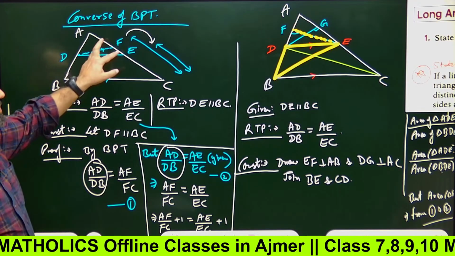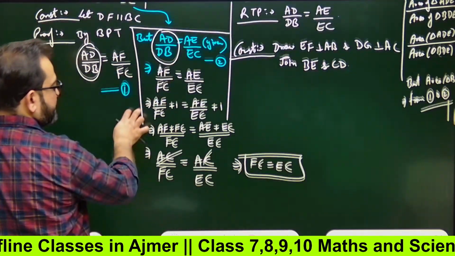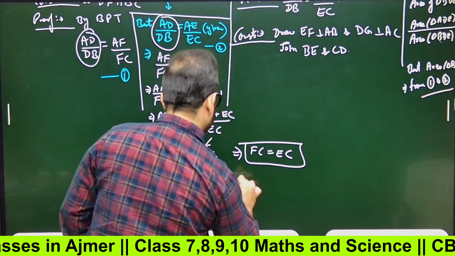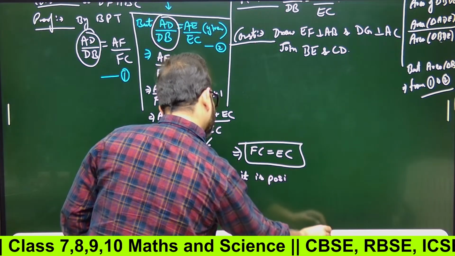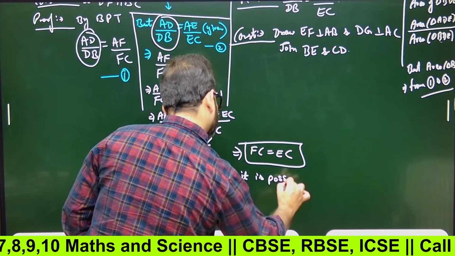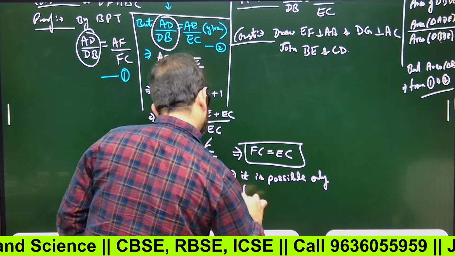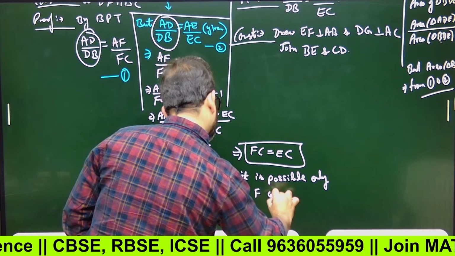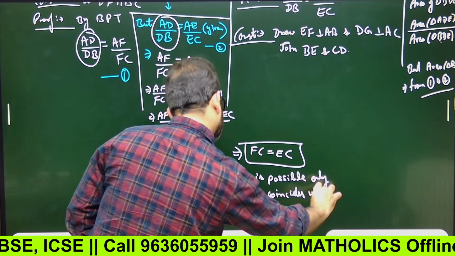When this F will coincide with E, then only FC will be equals to EC, right? So it implies it is possible only if F coincides with E.